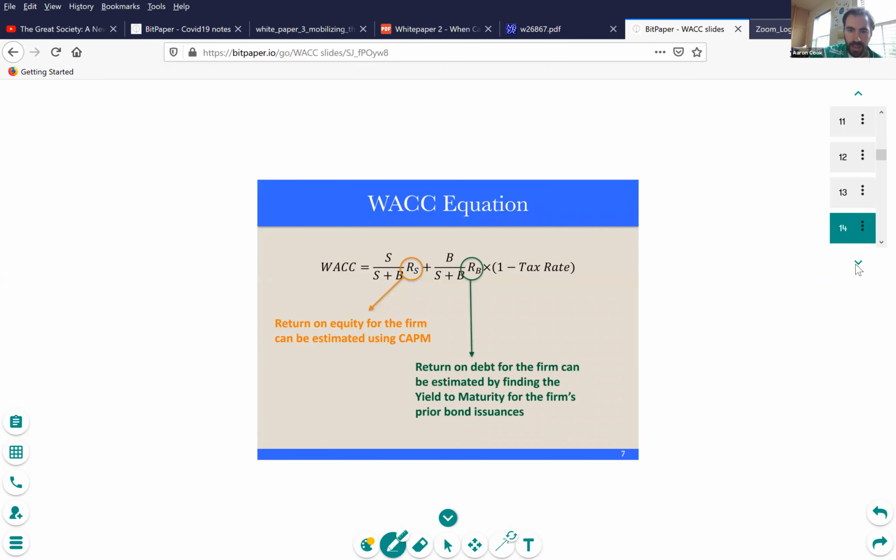The second component is the return on debt. That's just the yield to maturity of a firm's debt. That yield to maturity represents, in effect, the interest rate that the firm is paying on its debt. Bondholders are only going to require the rate of return that you agreed upon when you made your initial borrowing.